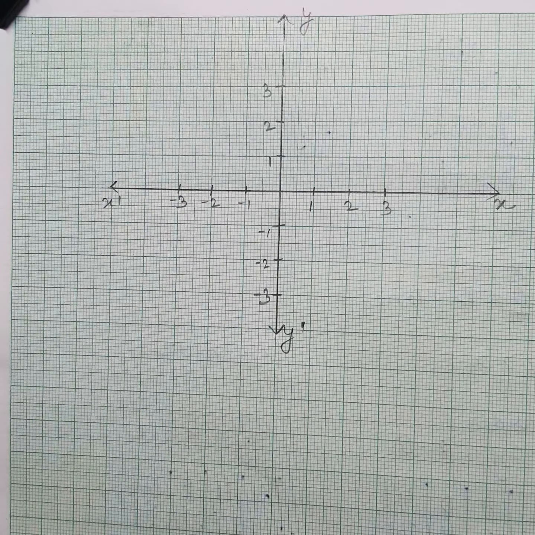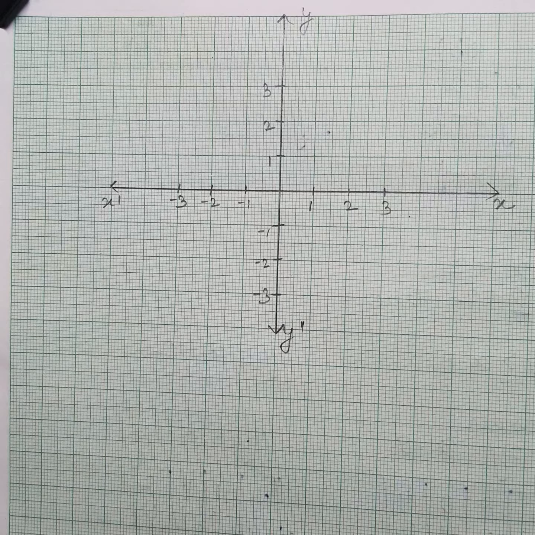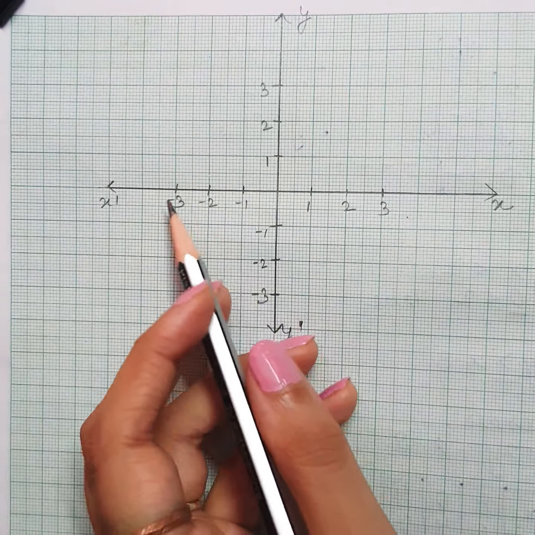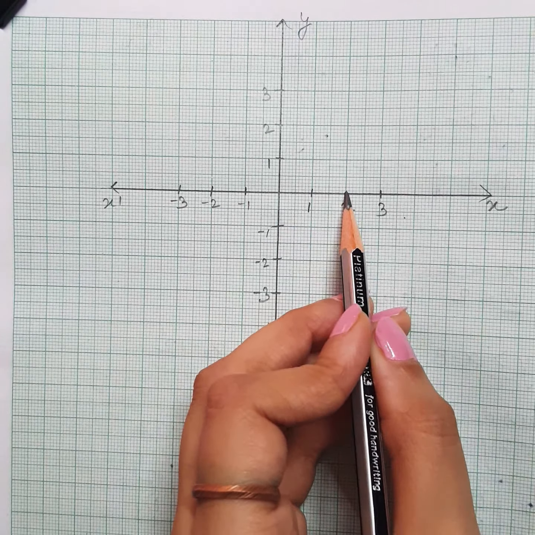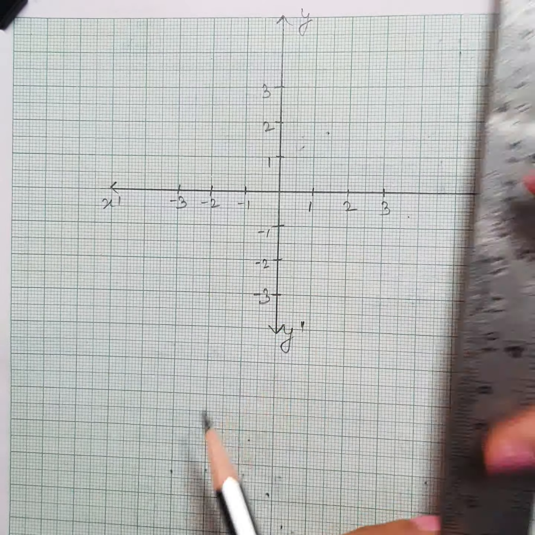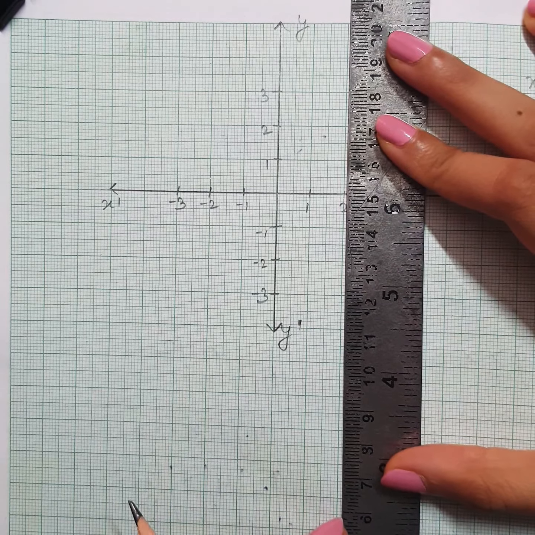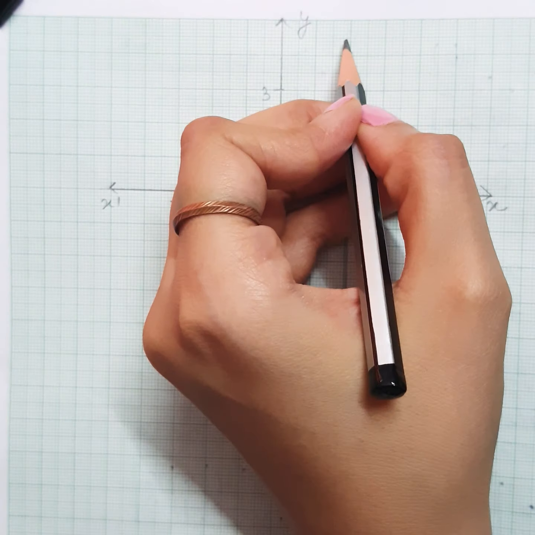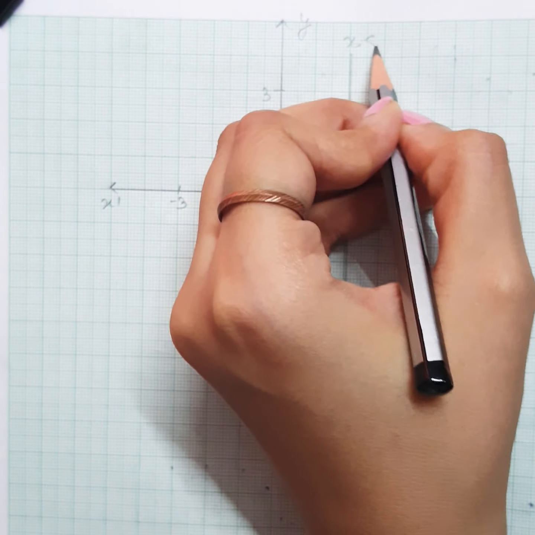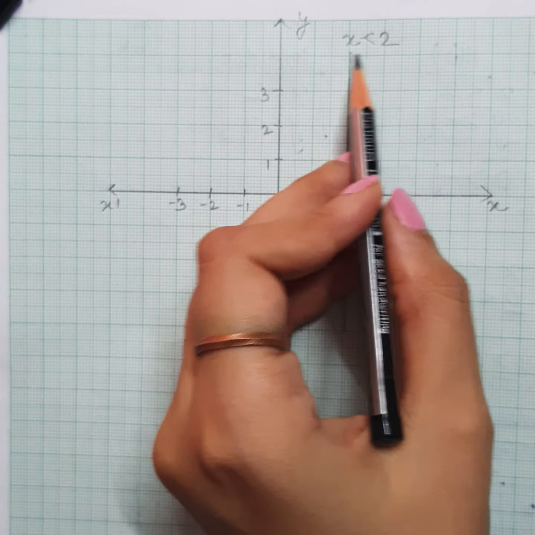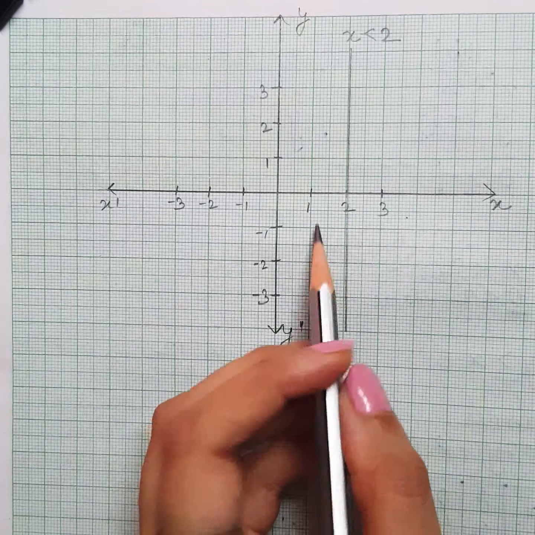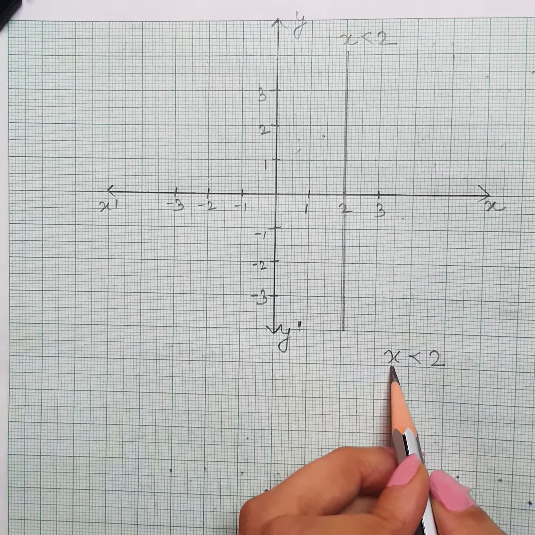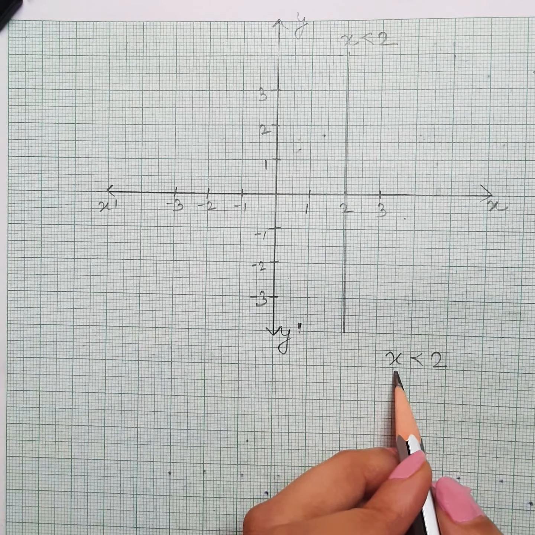I have constructed coordinate axes. Now first of all, the very first equation was x equal to 2. We are going to search where x equal to 2 is on the x-axis, plus 2. So the construction will be parallel to the y-axis, and we will name this line x less than 2 because now we are going to plot less than 2. Now see, x less than 2, try to put 0 in the place of x.